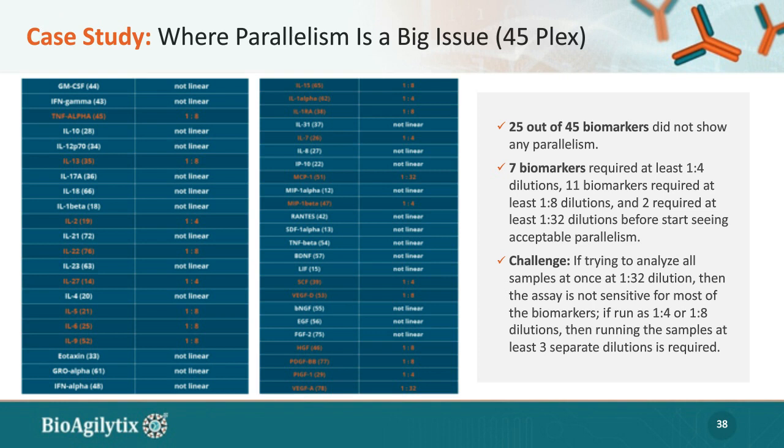What this means is, if you were actually using this 45-plex, the samples that you got numbers for are, for lack of a better word, garbage. They don't mean anything. And the samples that you got 0 for, unfortunately they were diluted under the sensitivity level of the assay.